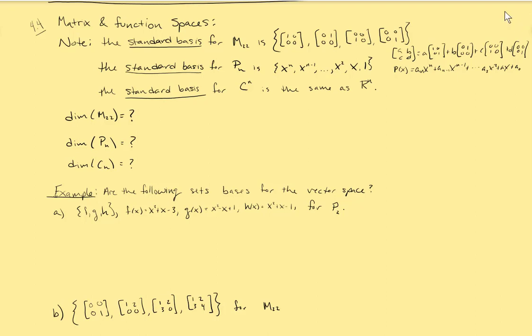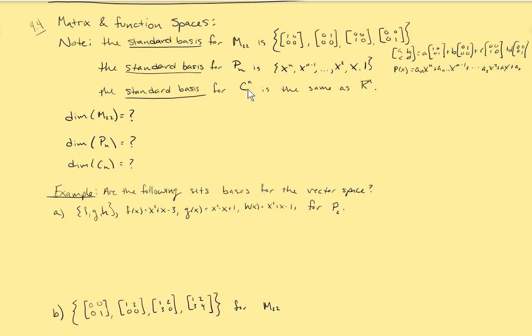Right, we could see that any polynomial, if this is a general nth degree polynomial, can be written as just a linear combination of these n down to 0 powers of x. So that shows that certainly these guys span the space of nth degree polynomials. Showing that they're linearly independent, again, we'll see an example similar to that later on in this video.